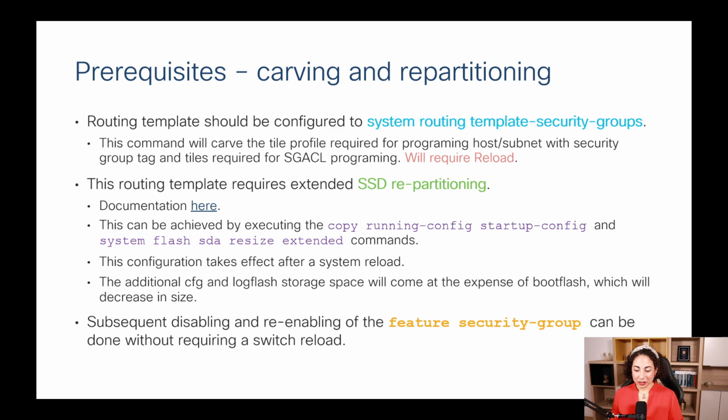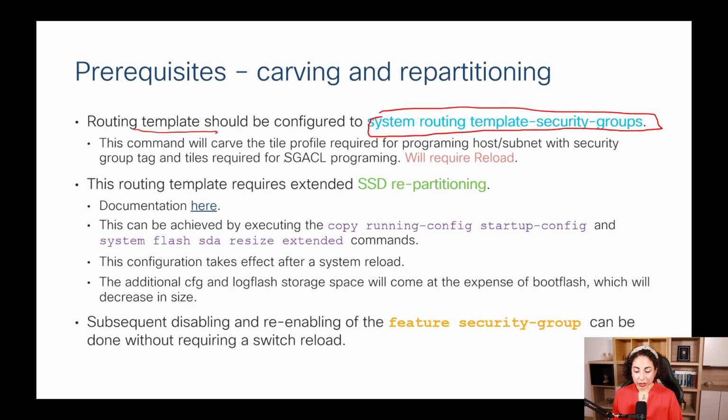Then we are going to see what I was mentioning from the perspective of the two first steps, which is the carving and the repartitioning. So the SSD repartitioning. In order to be able to activate the feature that is needed to have all the security groups and the micro-segmentation configured, as we have seen previously, we need to change the routing template from the default one to this new one that is available only on this release, which is the system routing template security groups.